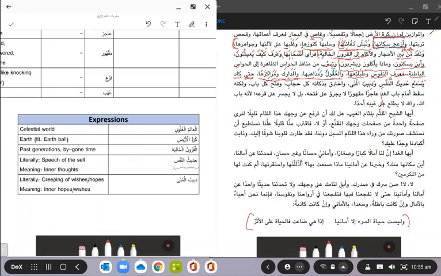Hadith al-nafs, literally it means speech of the self. Meaning is inner thoughts. Okay, inner thoughts. Dabib al-muna, look at the literal meaning, okay? It says creeping of wishes and hopes. You know, dabib means like crawling. You know, dabba yadubbu means to crawl, right?